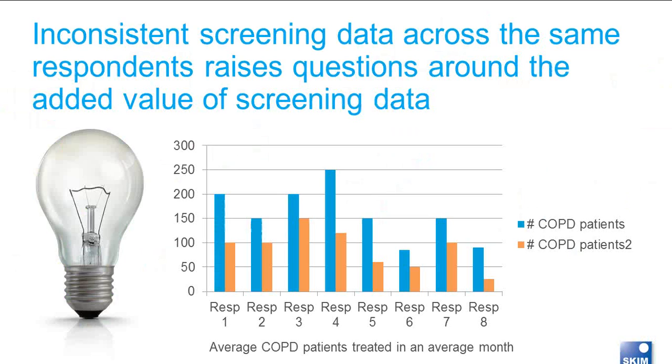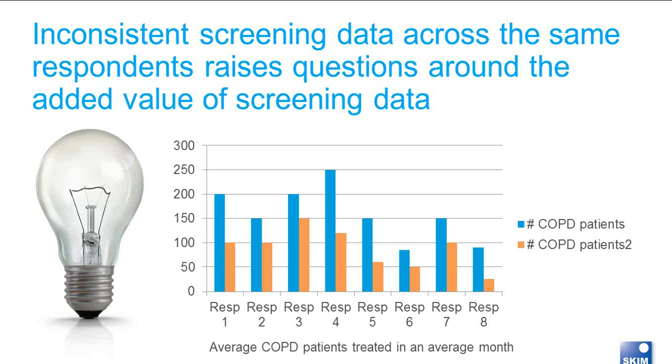So we are talking about 4 years, 10 studies, COPD studies. And after having analyzed their responses on the number of patients they treat in an average month, we came to the conclusion that their responses are not consistent throughout the different projects.